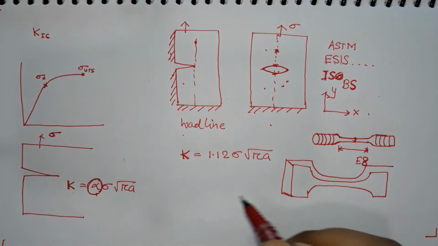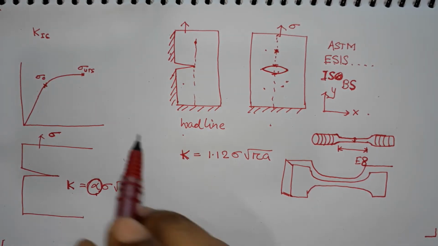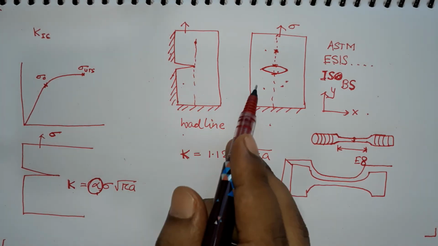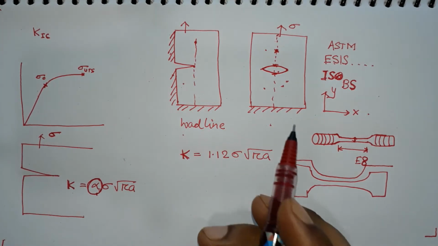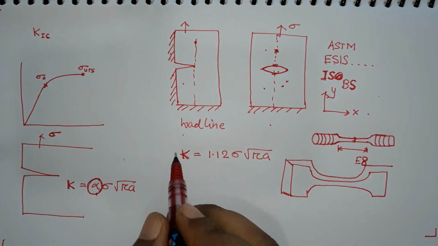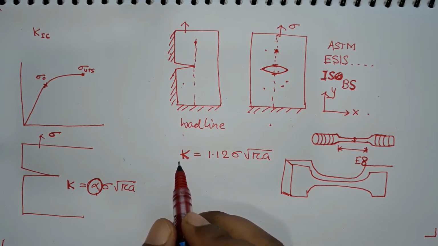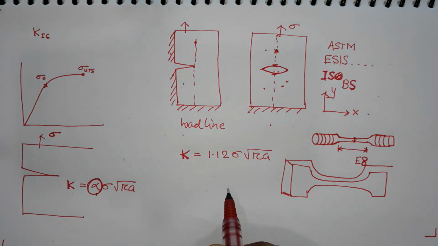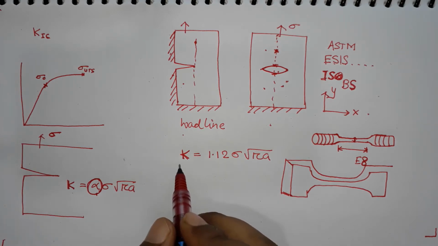Similarly, in fracture toughness testing we have certain geometry, and we have already understood that because of a change in the crack geometry or specimen geometry, we will have a difference in the fracture toughness measurement. Therefore, it should be remembered that if we use different types of specimen, then we need a different formula for calculating fracture toughness.